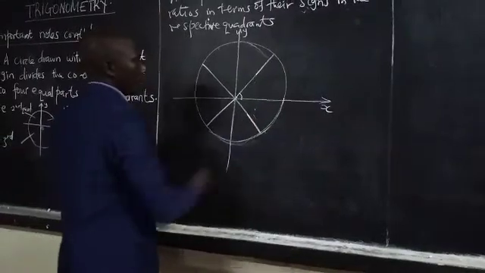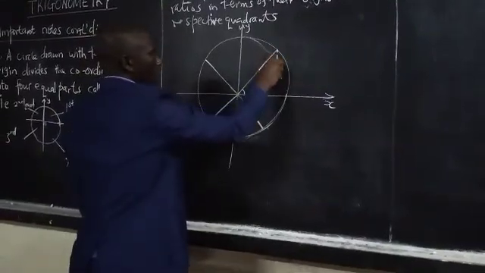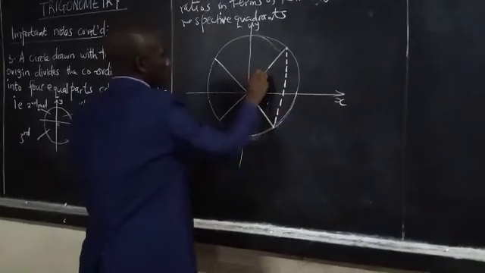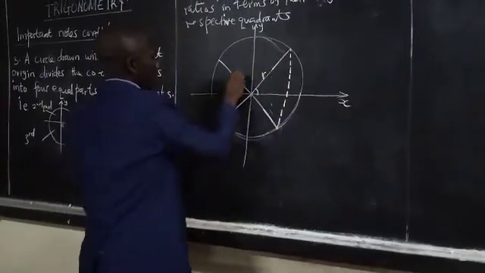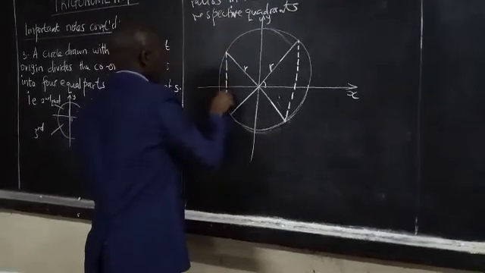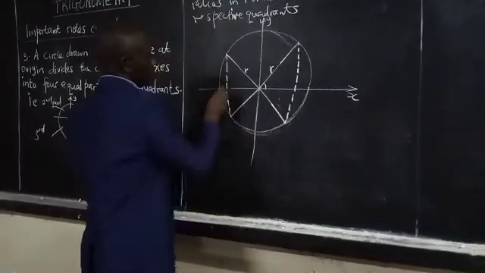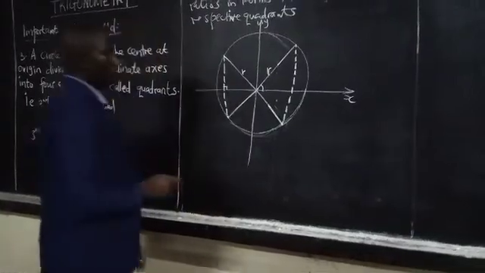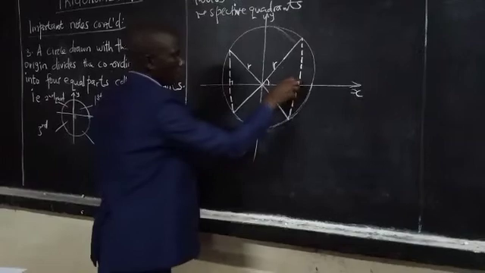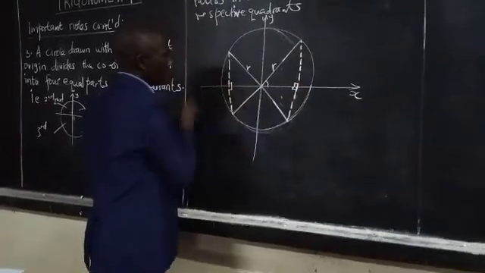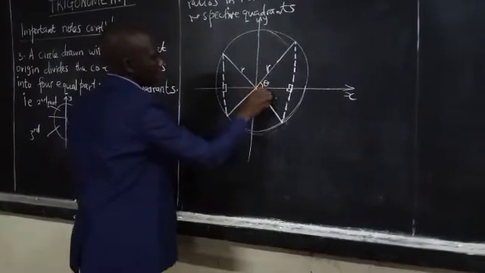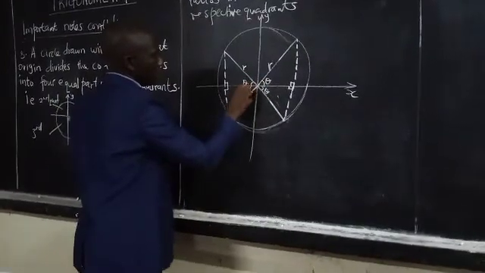This is the radius of the circle. This one is making an angle of 90 degrees at this point. I think you can see that we are making some right-angled triangles. This is the same angle theta.